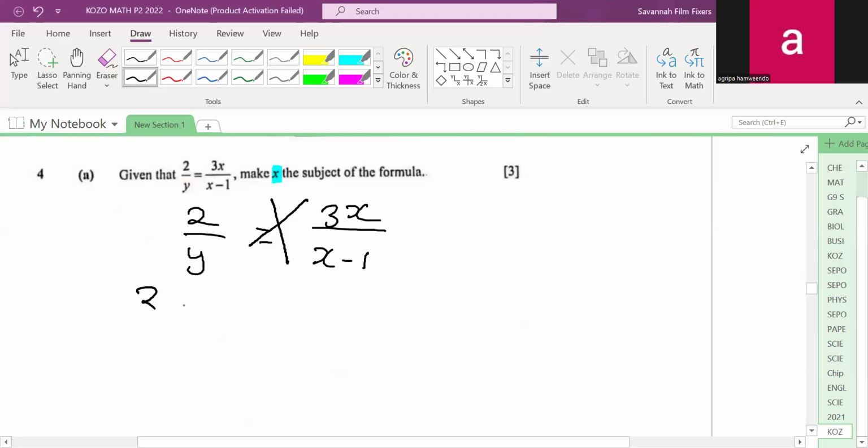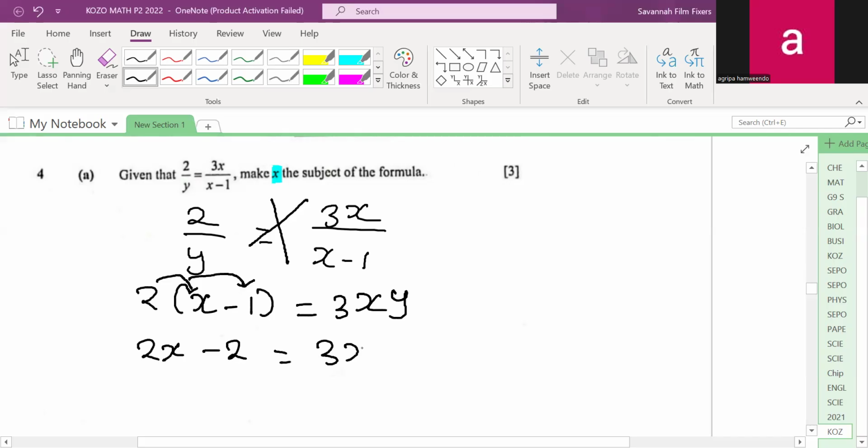This would be 2 multiplied by x minus 1 is equal to 3xy. We'll expand like that. So this would be 2x minus 2 is equal to 3xy.